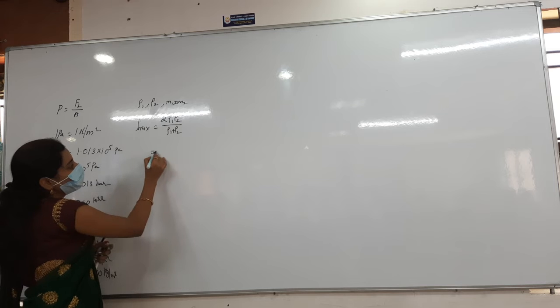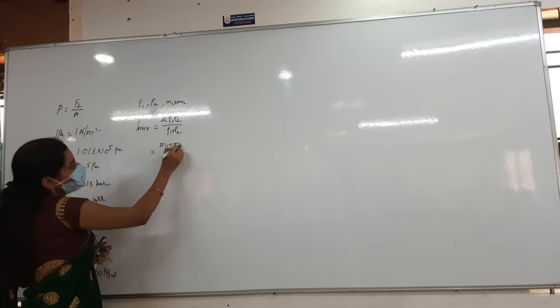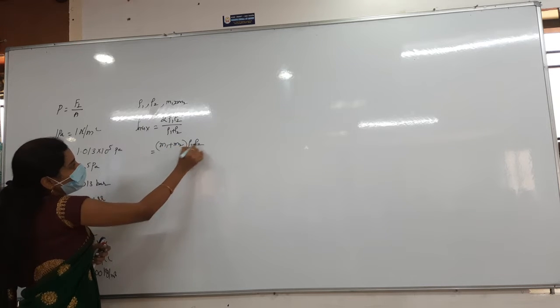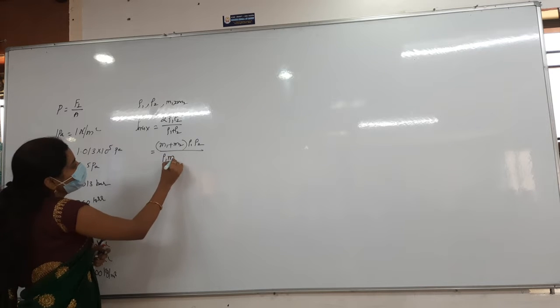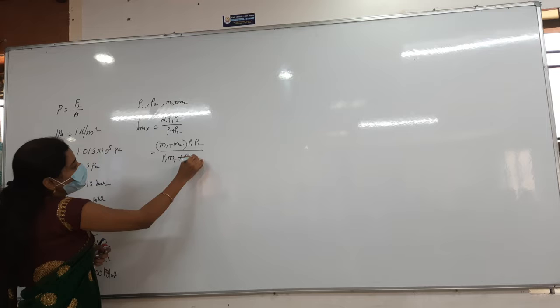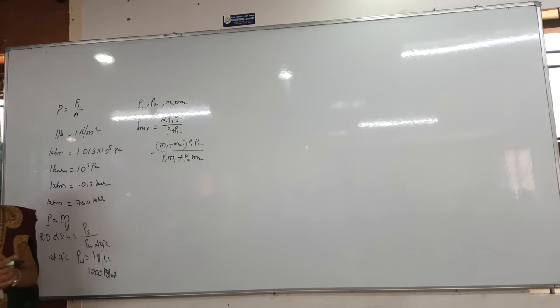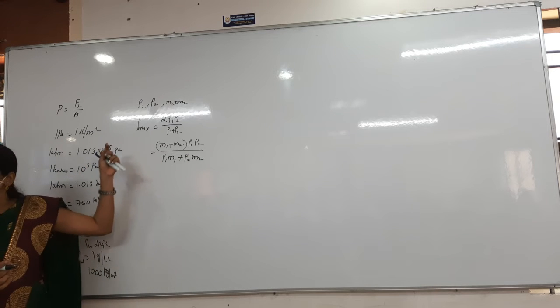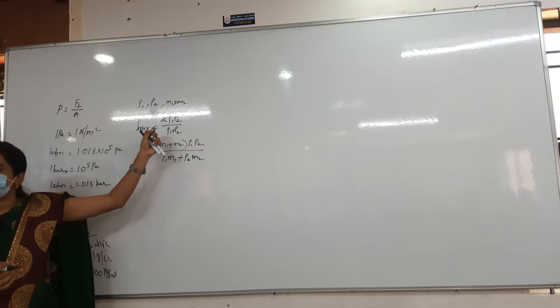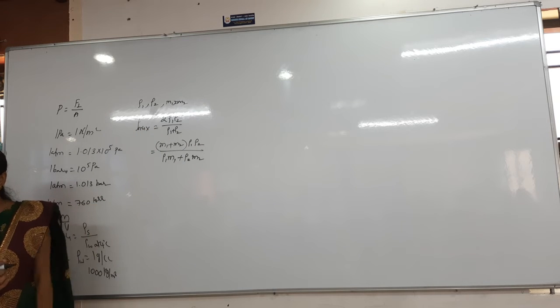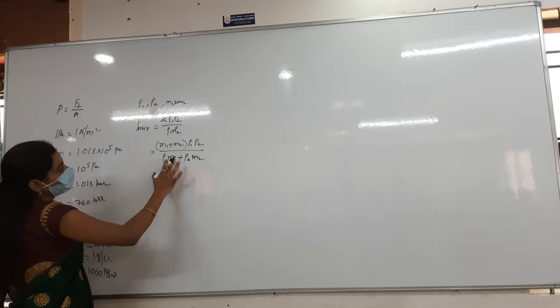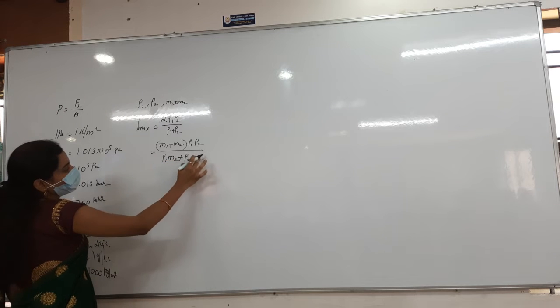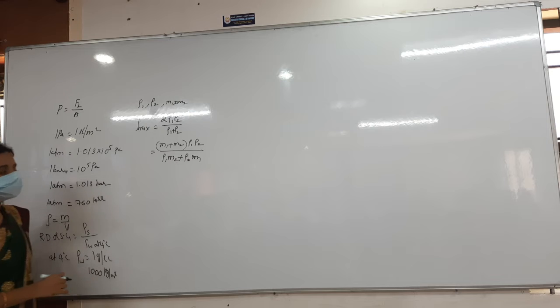If masses are not equal, then we get (m1 plus m2) into rho 1 rho 2 by (rho 1 m2 plus rho 2 m1). That is the density of mixture whenever we mix two liquids of masses m1, m2 and densities rho 1 and rho 2.